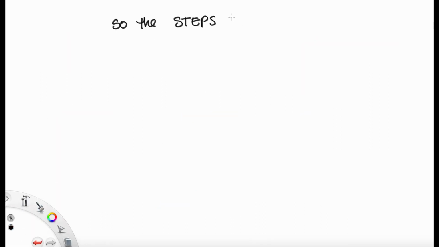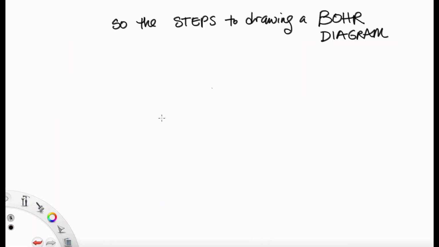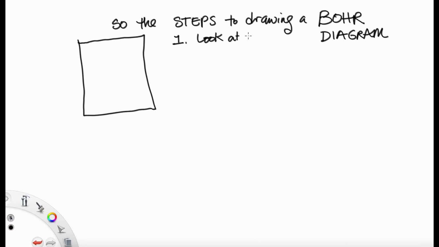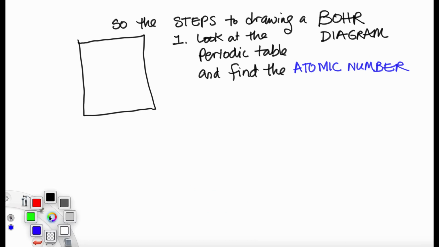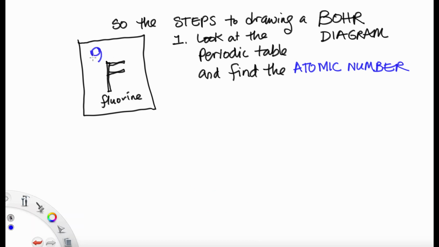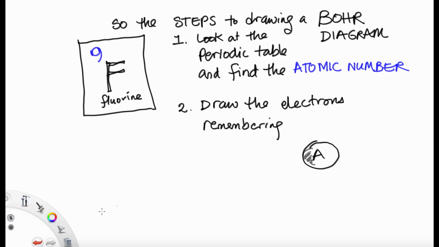So the steps to drawing a Bohr diagram, let's go over them. Number 1, we look at the periodic table and find the atomic number. Suppose our atom is fluorine and the atomic number is 9. Then we draw the electrons, remembering the pattern of 2, 8, 8, remembering that rule.